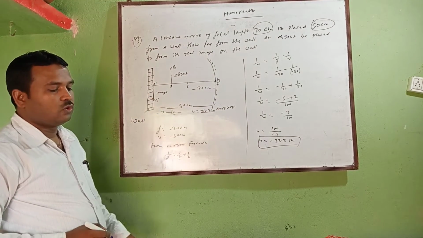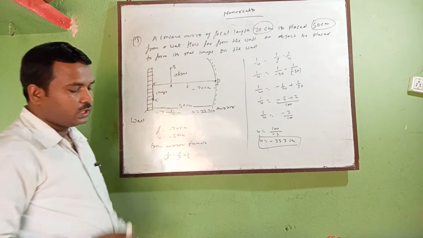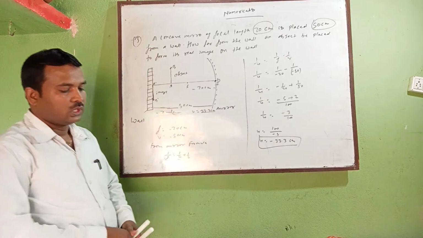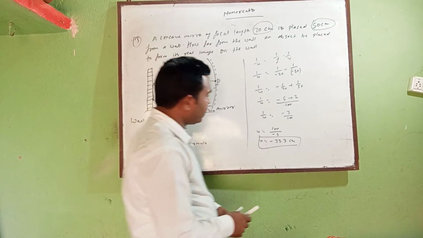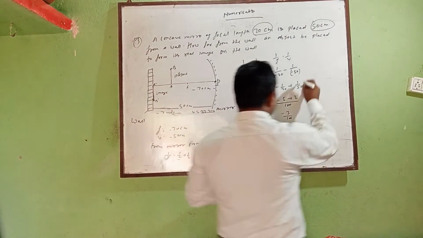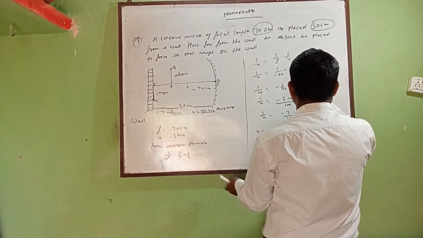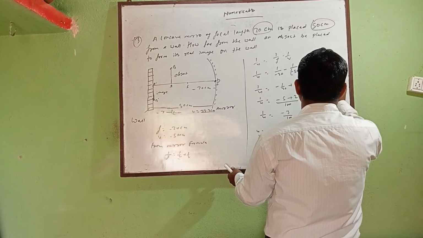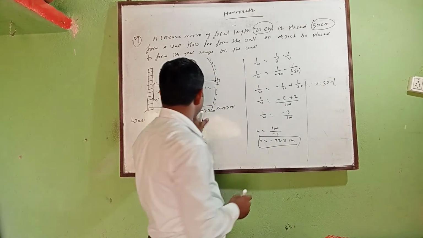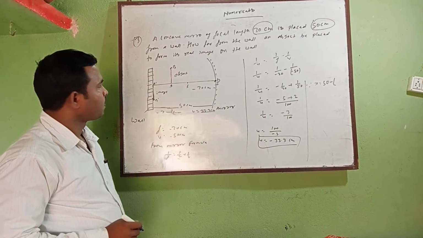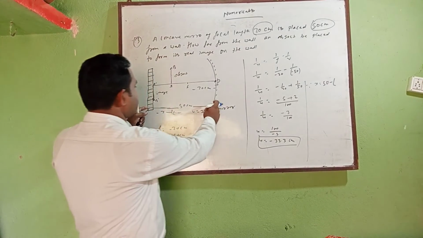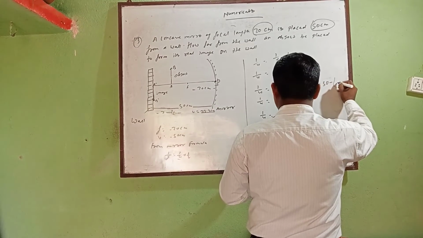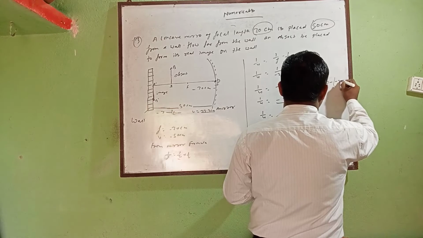Now we have to calculate the value of x. How will you calculate the value of x? Since we know that the total distance is 50, x equal to 50 minus the object distance. Because the total distance you have to find, you can write the mod of minus 33.3.